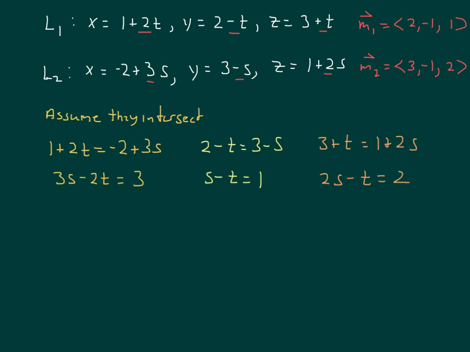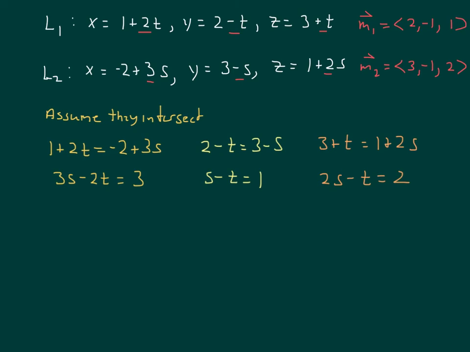Another thing I could do is take these slope vectors and find the angle between them. If they're parallel, the angle between them is going to be 0 or 180 degrees. Whereas if it doesn't come out to be that, then I know that they are not parallel. Now once we've determined that they're not parallel, we can then go through and assume they can intersect.